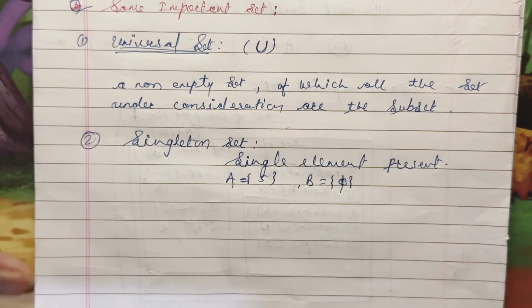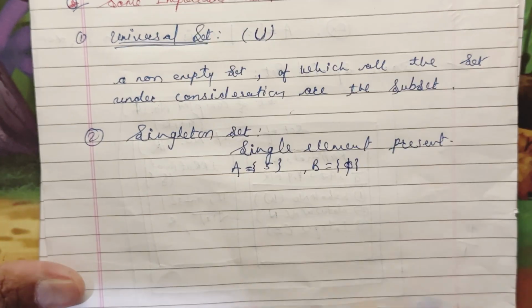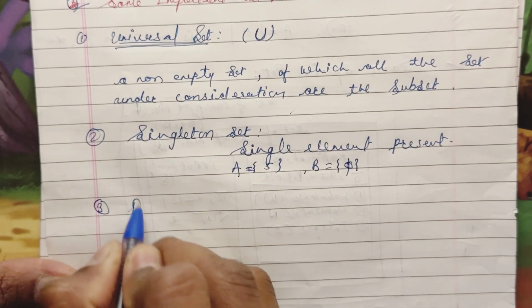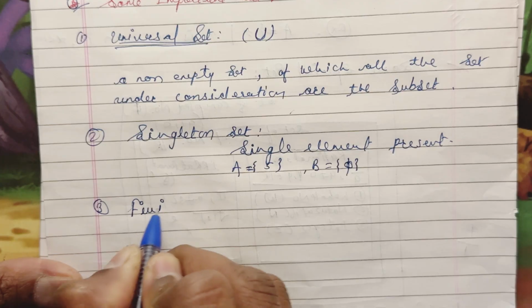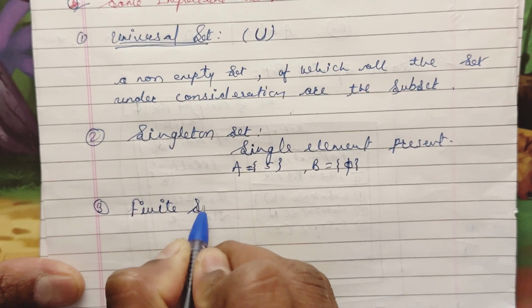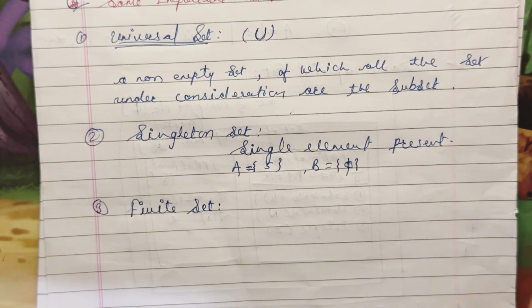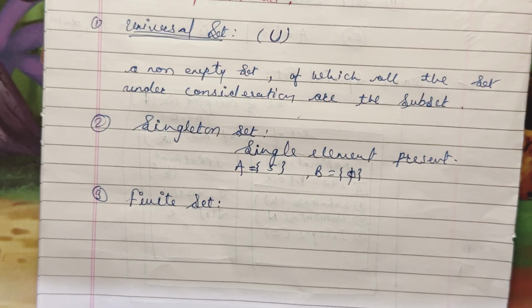Now the third type of set, the finite set. What is the meaning of a finite set?